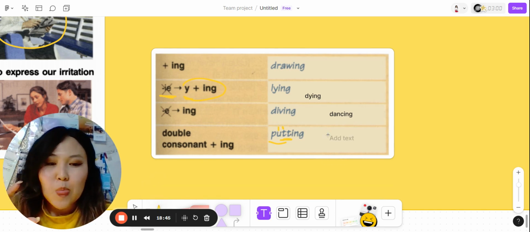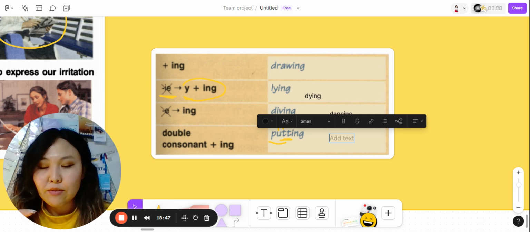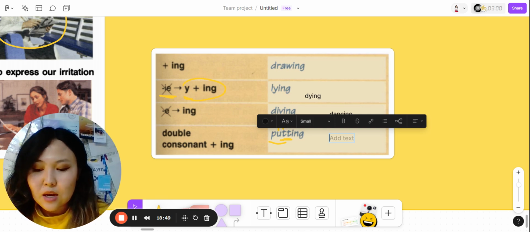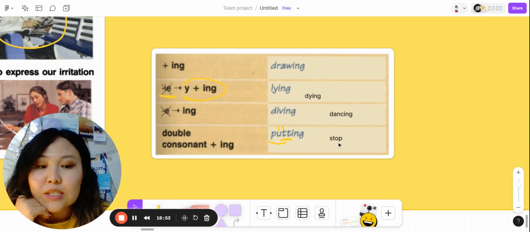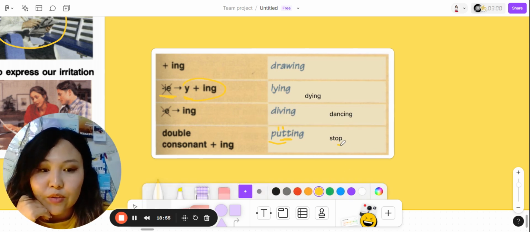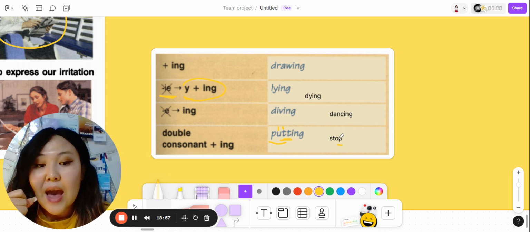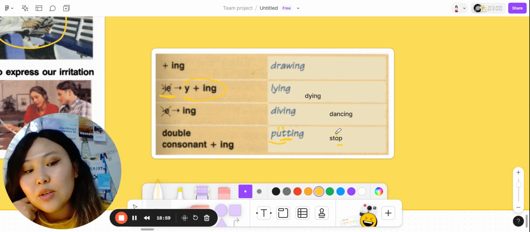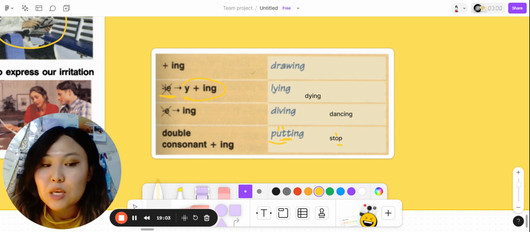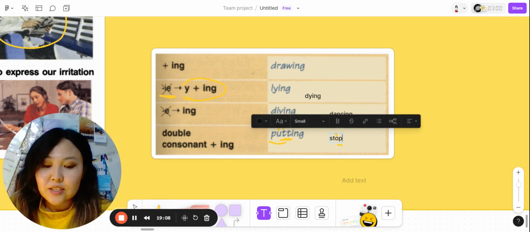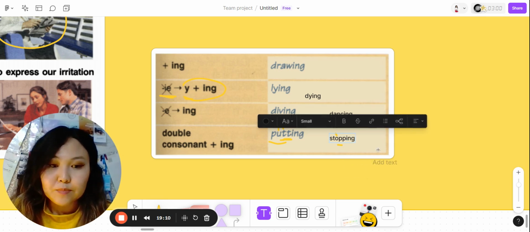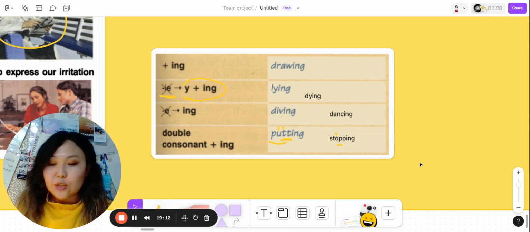Maybe I didn't explain it very well, but anyways, I can add one more example, stop. We see that it finishes with P, which is a consonant, and we have O, which is a stressed vowel before the P. That's why when we are adding ing ending, it will be doubled: stopping. He was stopping by, for example.